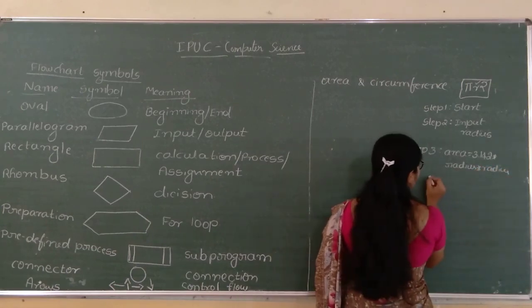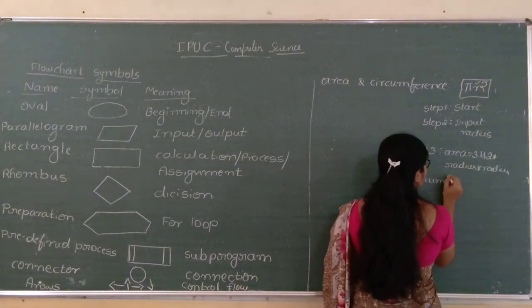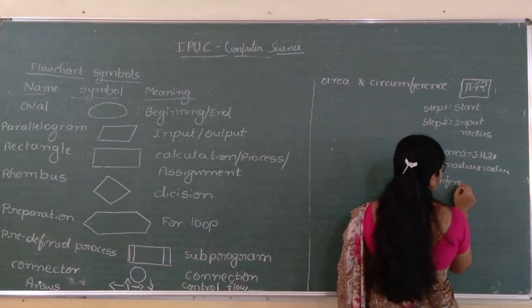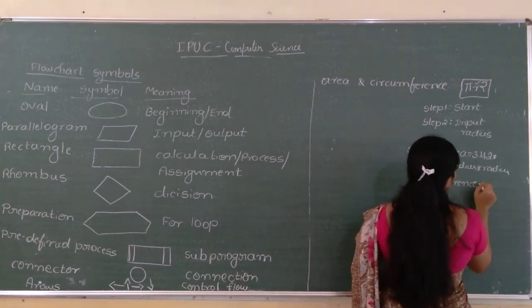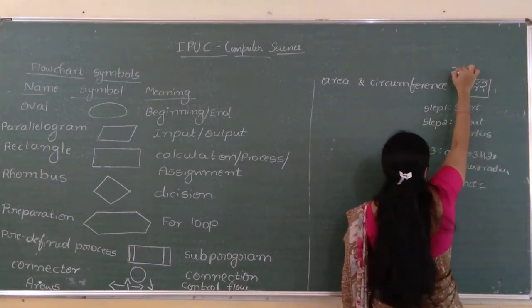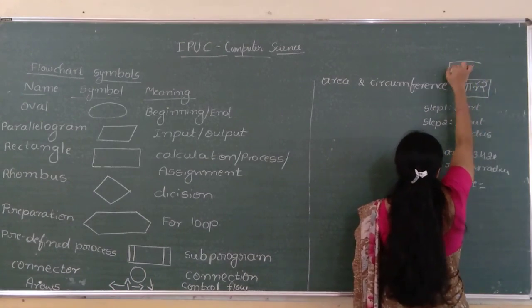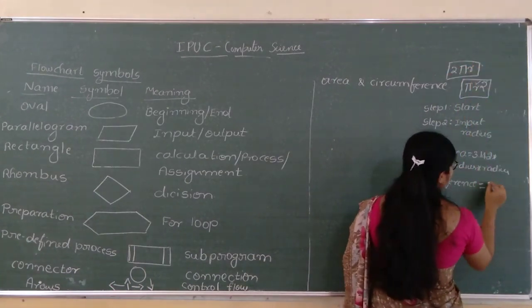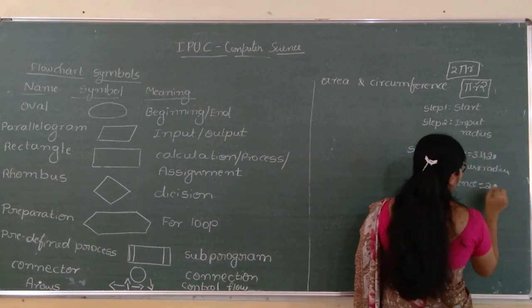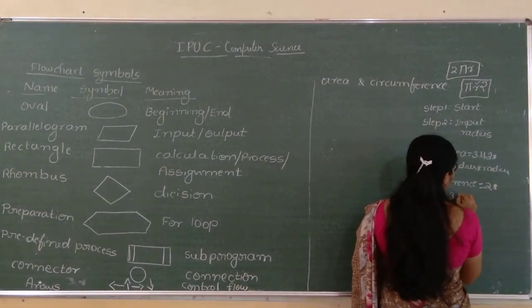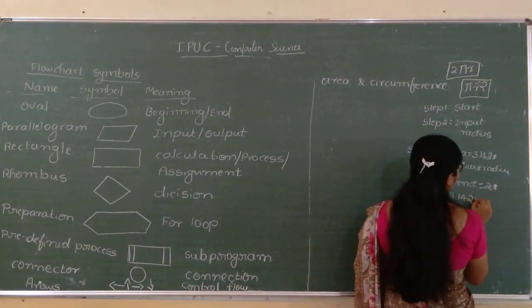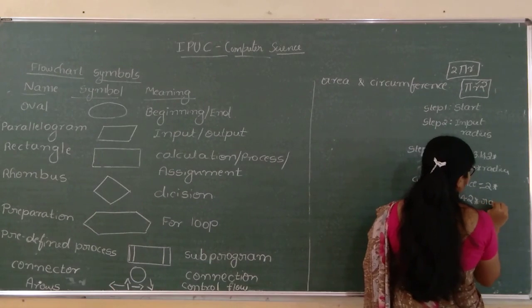Next circumference is equal to 2 pi r. This is the formula to find out the circumference. 2 into pi, that is 3.142 into r or radius.